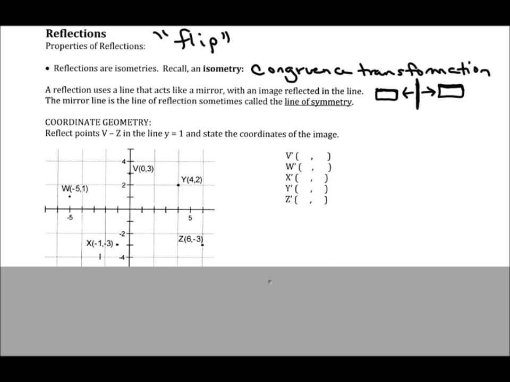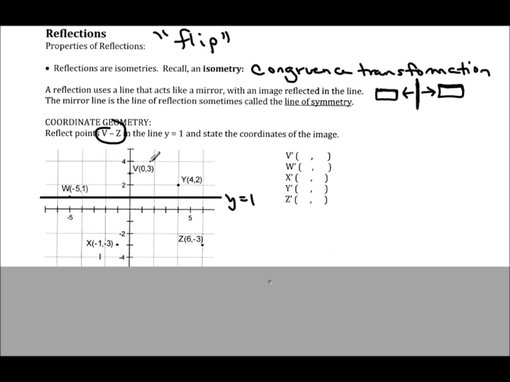Okay, so in this first example, I'd like for you to reflect the points V through Z in the line y equals 1. So remember the line y equals 1. If this is my y-axis, my vertical axis, I find 1 on the y-axis and I draw a straight horizontal line. So that is the line y equals 1. Now, I'm going to reflect the points V through Z over the line y equals 1.